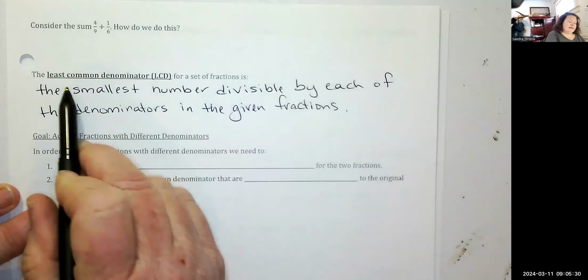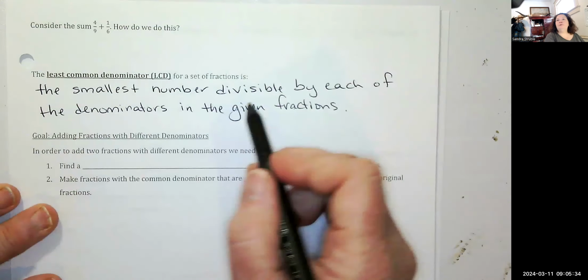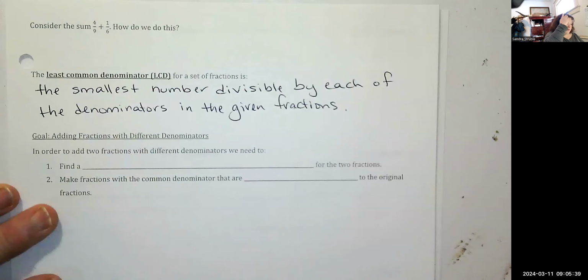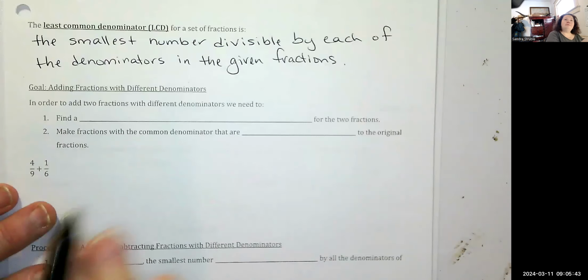The least common denominator, otherwise known as the LCD, is the smallest number divisible by each of the denominators in the given fractions. We'll do that here in just a second. Let's get through the rest of this and I'll go back up there and do that one.